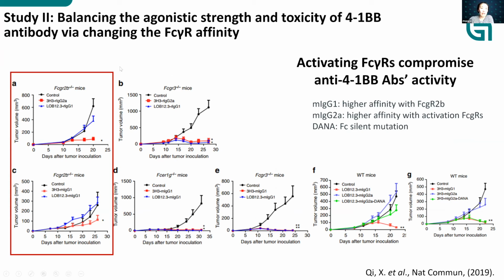In this particular case, as I highlighted in the red rectangle, when they test the two antibodies, high affinity, low affinity, with an activation FcγR versus an inhibitory or cross-linking FcγR, when the FcγRIIb is knocked out, the high affinity efficacy is not affected, meaning high affinity itself from the Fab is enough to convey the tumor suppression effect.